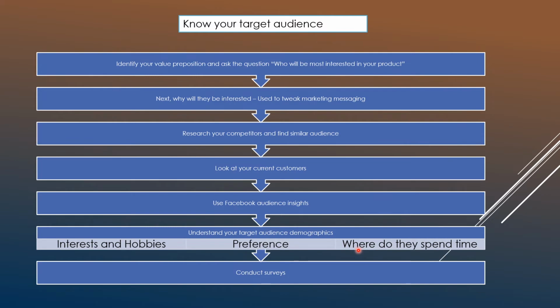And you can then reach your audience by placing your ads on those websites. And that's why this is important. And as I mentioned earlier, if you don't have any existing customers, you can always conduct surveys. So that's how you can come to know about your target audience, which is very, very important for your ads and even for your organic efforts.